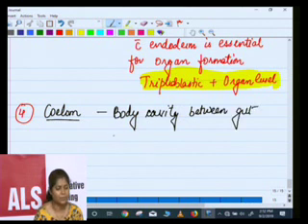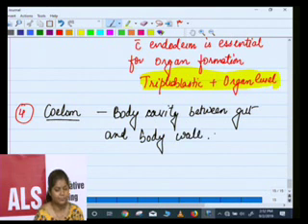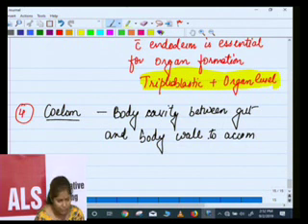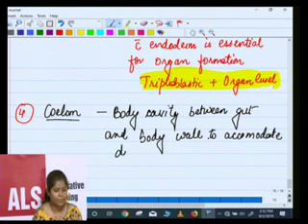I'll send you an image; you can refer to that. The coelom accommodates different organs.